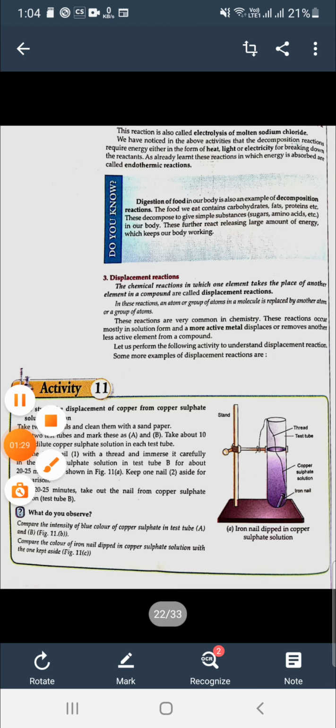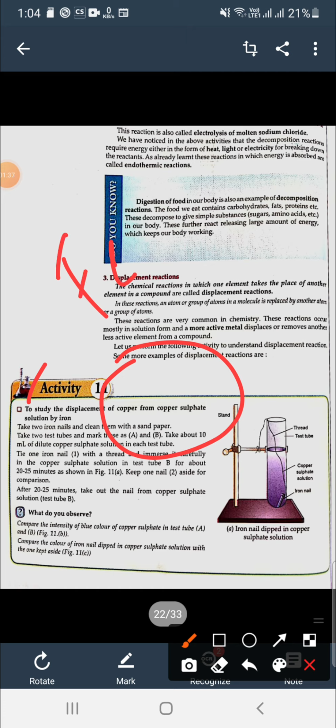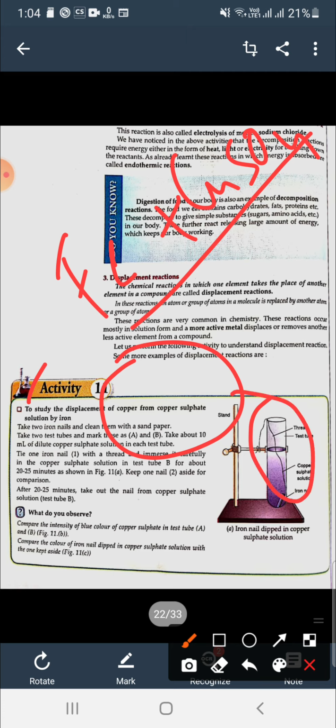To study the displacement of copper from copper sulfate solution, this is a very common example. An iron nail is placed in copper sulfate solution with the help of thread. As it is dipped, after some time you can see a reaction.